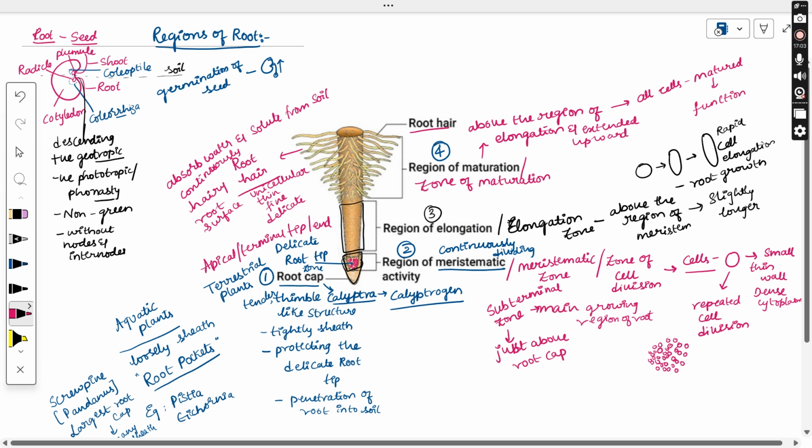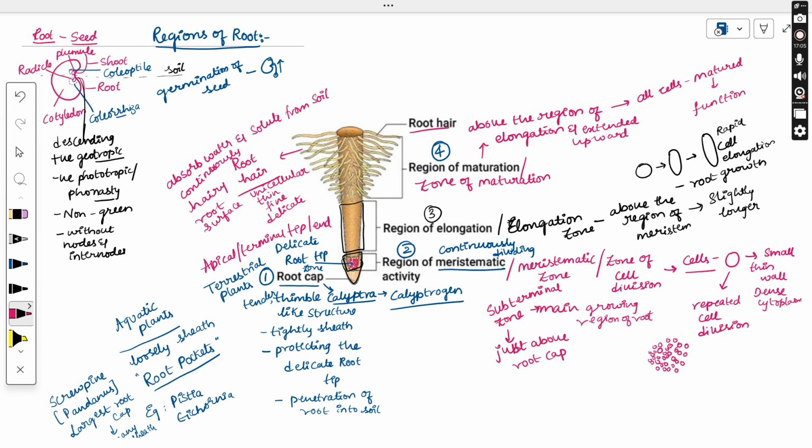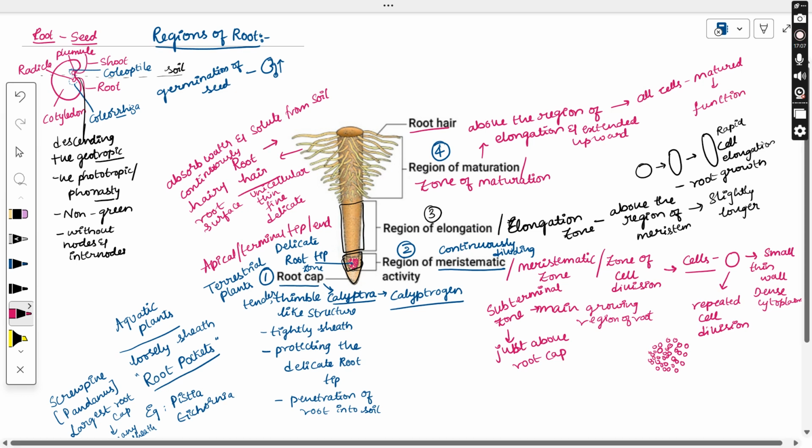And coming to the root hair, we need to mention one more point. You can find root hairs in most plants, but some plants like epiphytes, the plants which grow on other plants, and parasitic plants do not contain any root hair. The root hair is present in the zone of maturation.